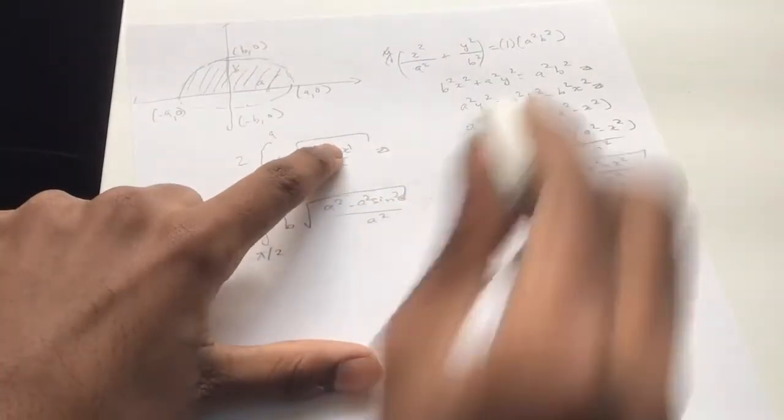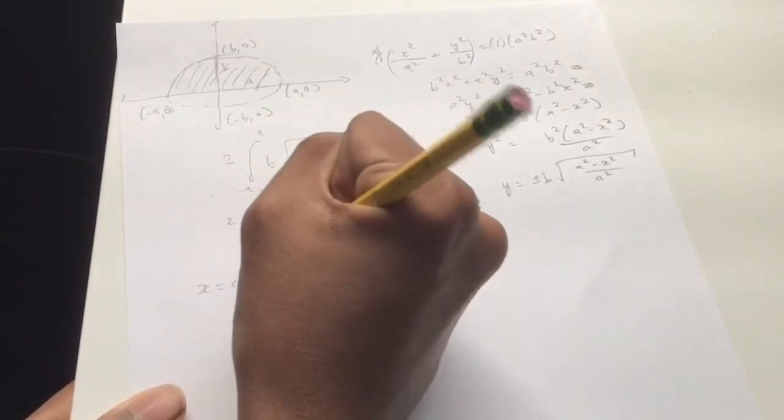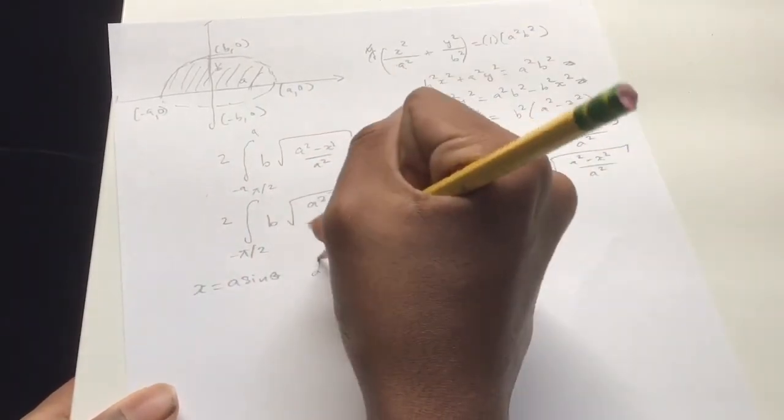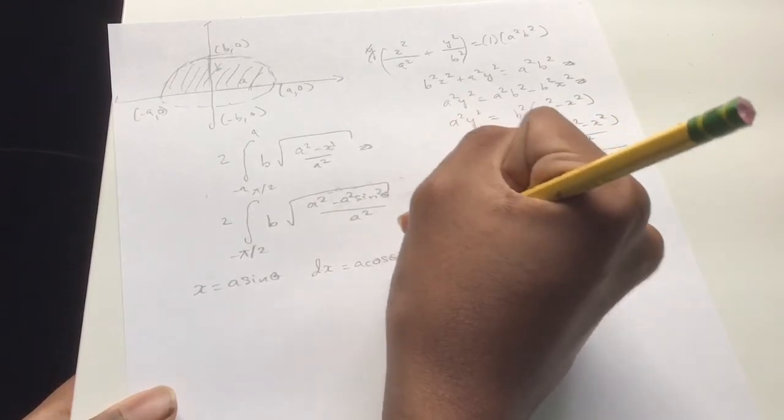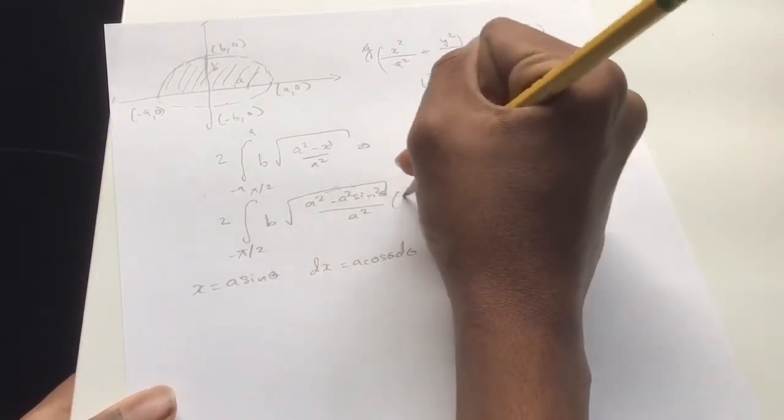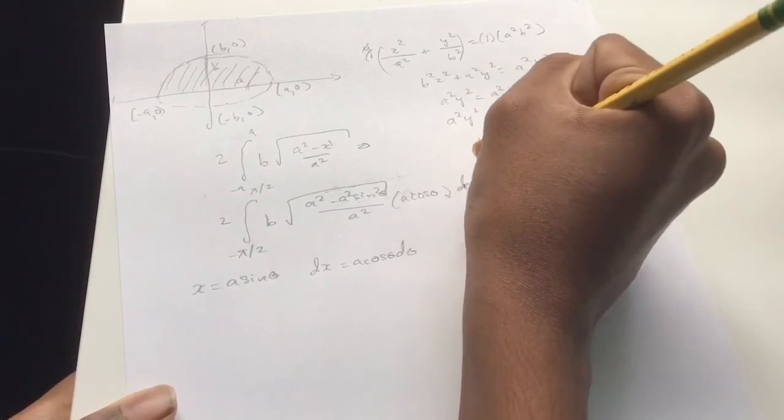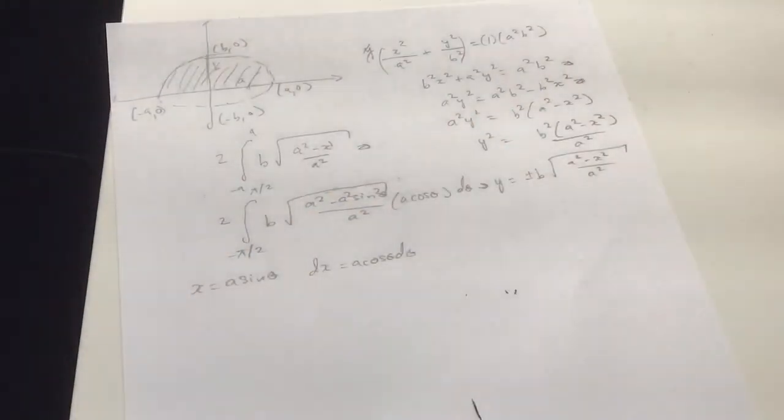And then, okay, if we substitute x is equal to a sine theta, we get dx is equal to a cosine theta d theta, times a cosine theta d theta. Okay, now what? Root a squared minus a squared sine squared theta over a squared. We factor out an a squared in the numerator. We get a squared times 1 minus sine squared theta. A squared cancels, and we're left with root 1 minus sine squared theta. That's root cosine squared theta, which is cosine theta.